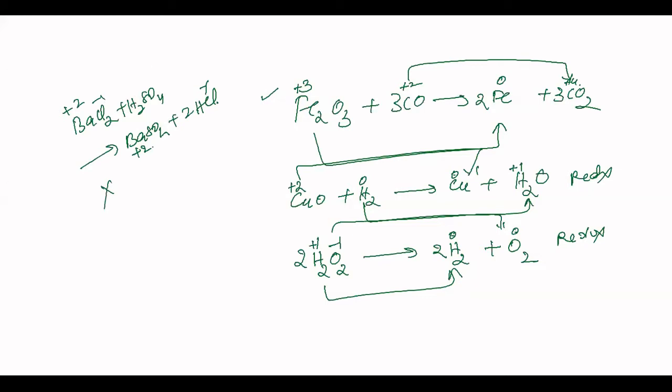Move on to the next question. Shall I rub it off? Yes. Let's move on to the next question. Question number 3. This is a good question. The more positive the value of E0, standard reduction potential, the greater is the tendency of the species to get reduced.